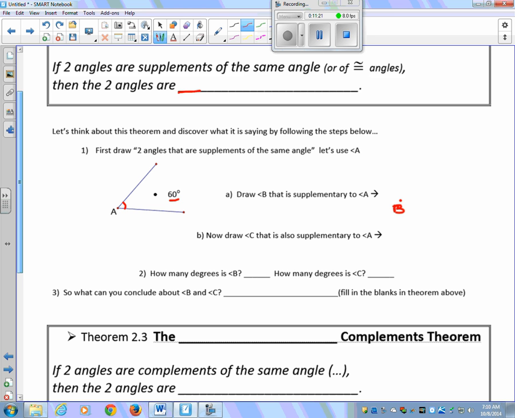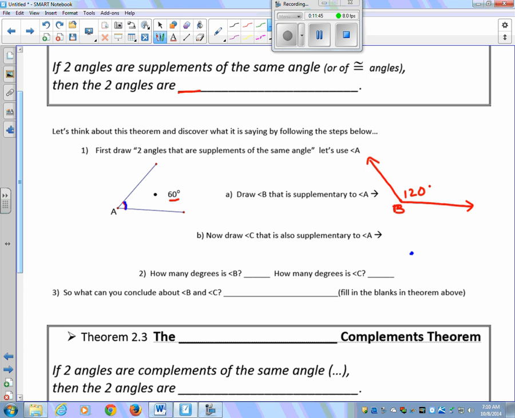Okay, hopefully you did that on your own. And angle B is going to be 120 degrees because we need it to be supplementary, or add up to 180 with 60.